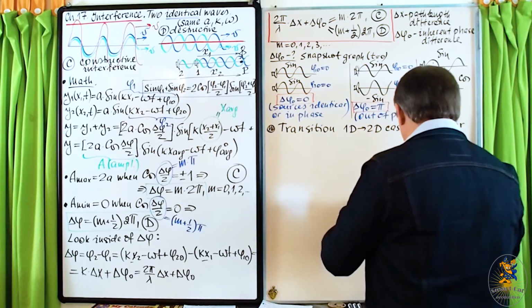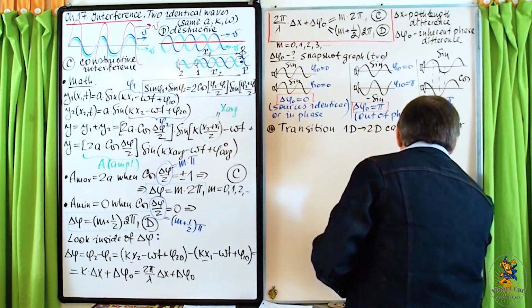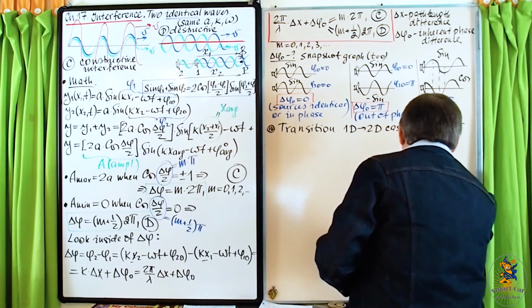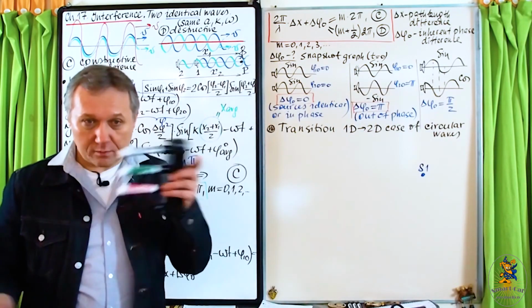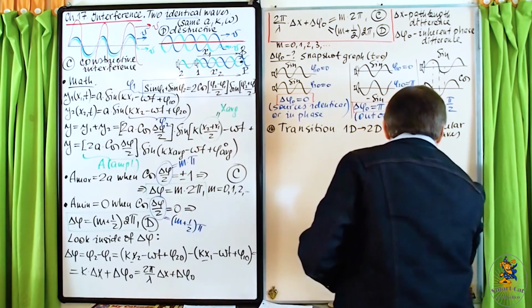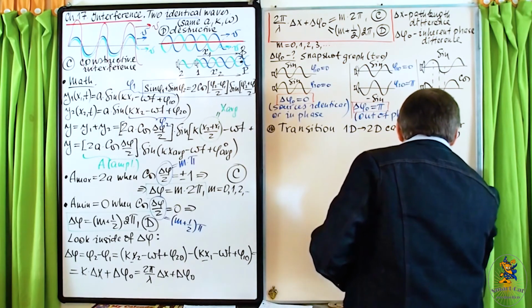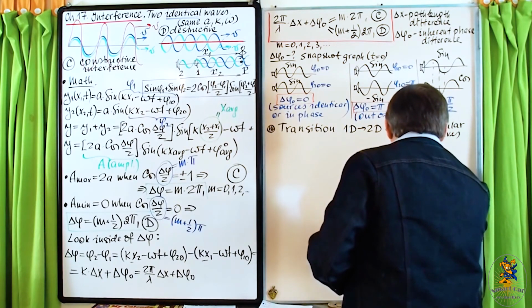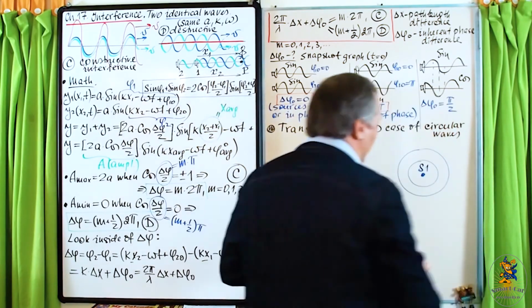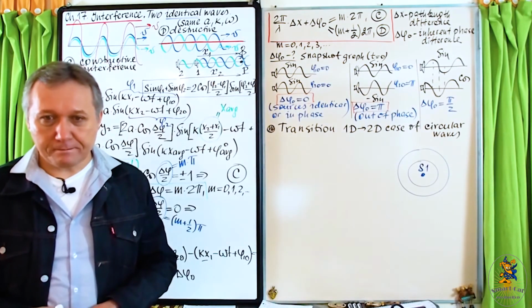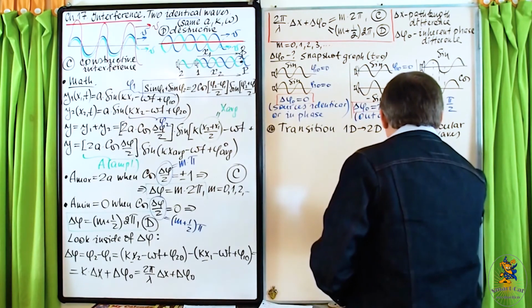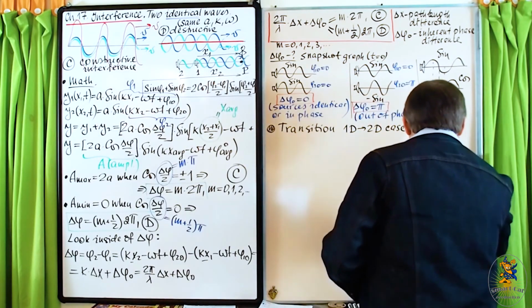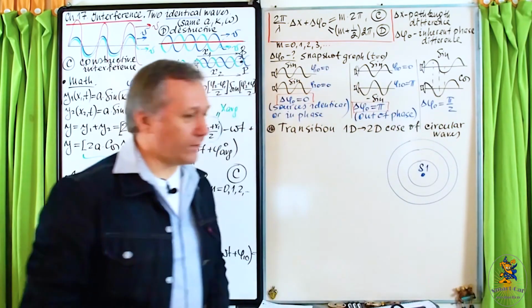No, let me use blue. So let's say we have source S1, source 1, on a lake. So you will see, of course, you create circular waves, and now I'm drawing those circles representing this wave.